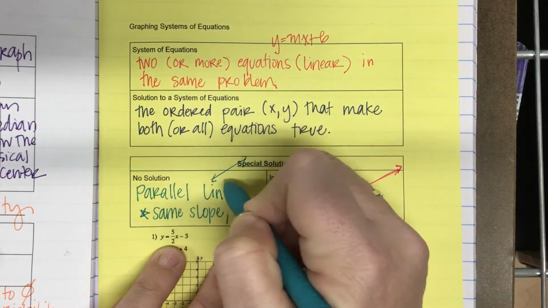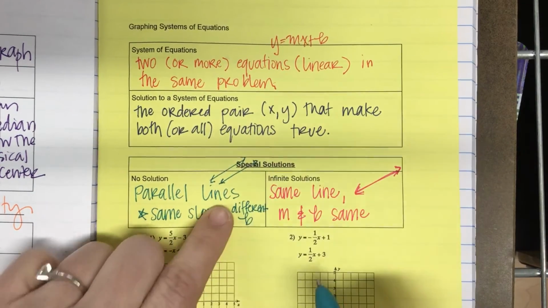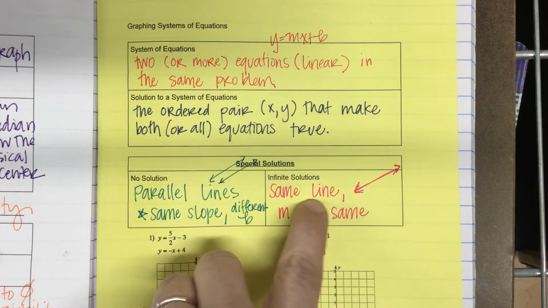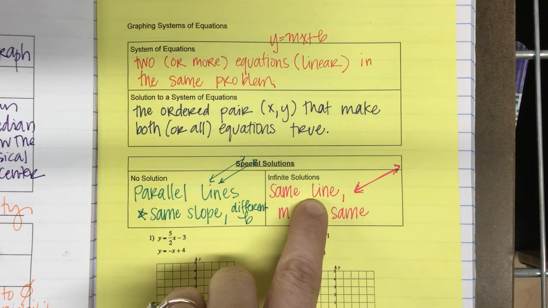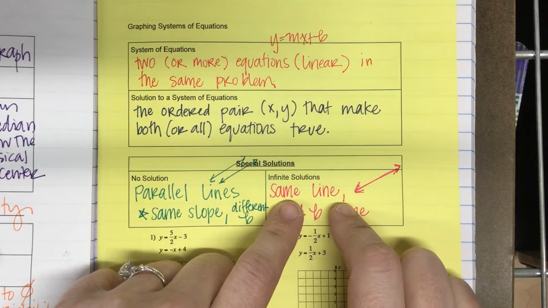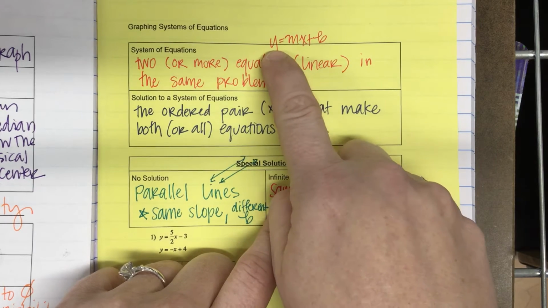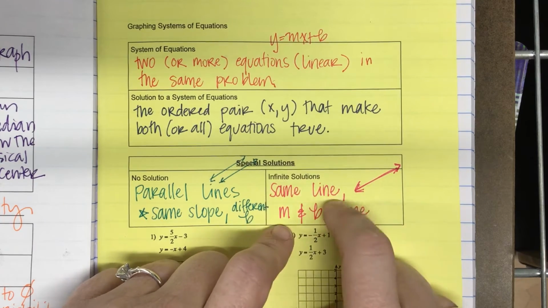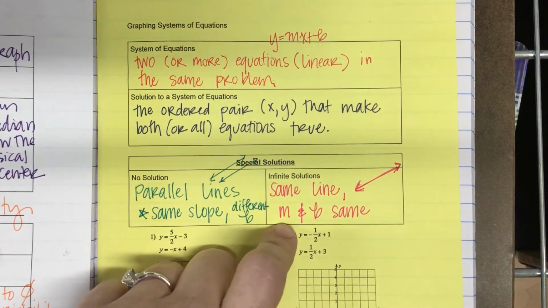Parallel lines are never going to intersect, and so there's no solution. But if they're exactly the same line, if you're getting it to be y equals mx plus b, let's say it's in standard form, ax plus by equals c, you're going to solve for y.